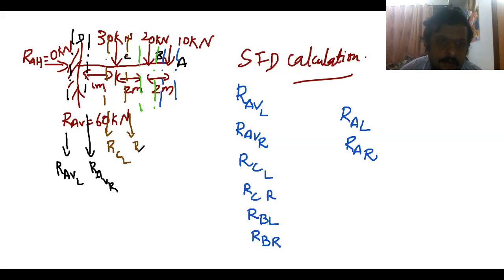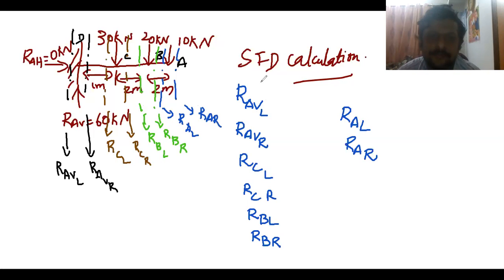This is your RCR, and RBL, RBR, and finally this is RAL and RAR. Okay, students, if I use corresponding colors for these, it will be easy. RAVL, and this is RAVR.